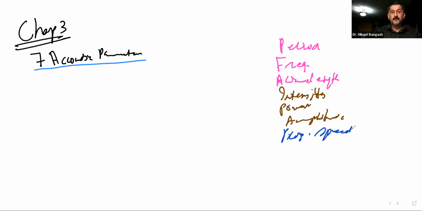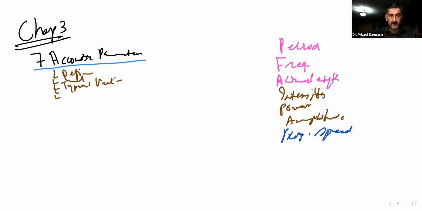Now when we talk about these 7 acoustic parameters individually, there are going to be 5 points that we come across for each of them. One is what will be the definition? What is going to be the unit? Now, for some of these acoustic parameters, all of them have what we can call a typical value.